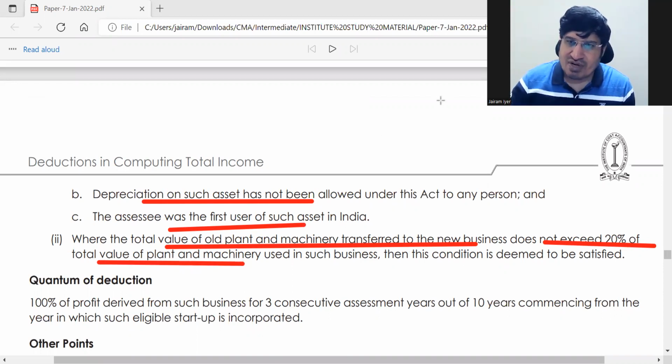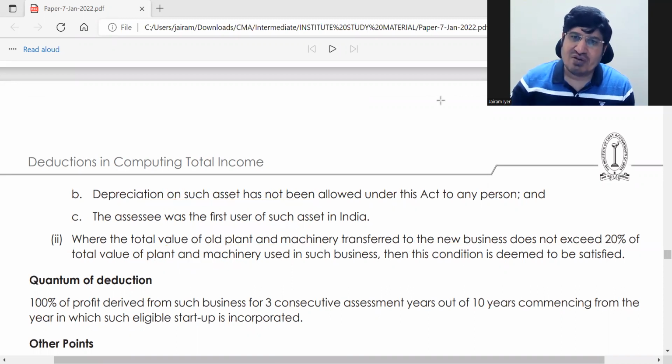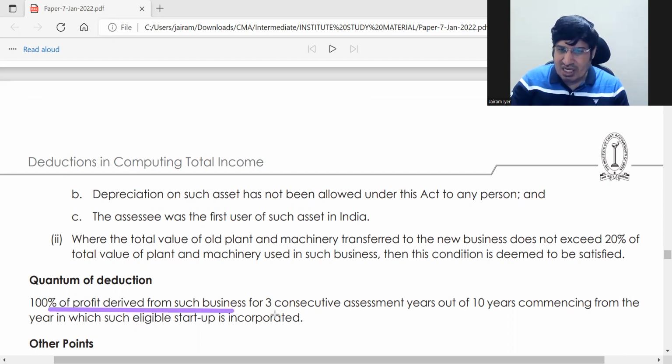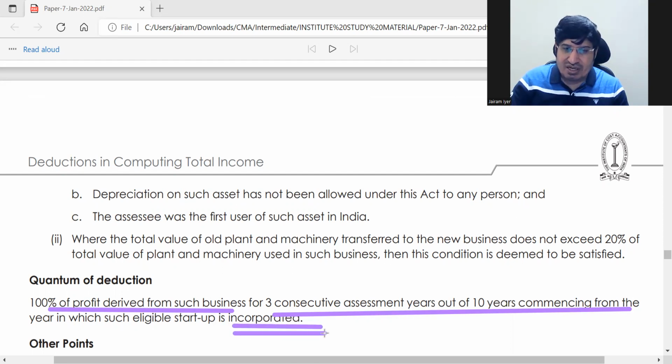Now only quantum of deduction is little different because now this business is not, this is a new startup. It's not as huge as your infrastructure businesses and all. Okay. So इसीलिए इसमें it will not get 10 out of 15 years and all. ठीक है. So but again 100% of profit for 3 years out of 10 years commencing from year in which eligible startup is incorporated. Yeah, याद रखना. Okay. This is from the year of incorporation you will get.